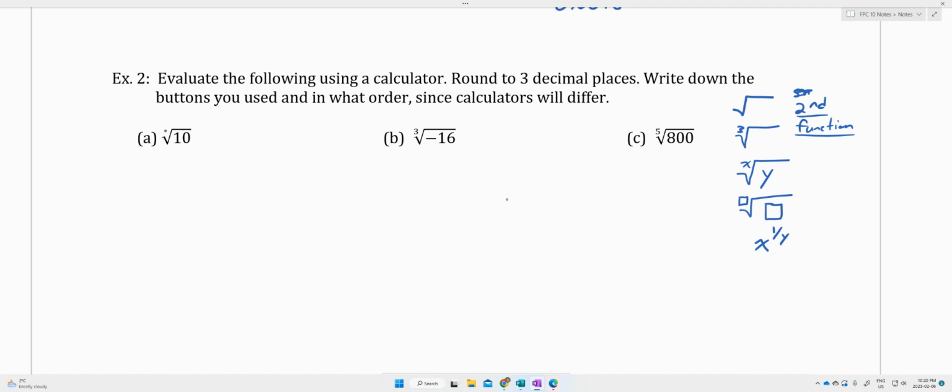Now, this is just a quick lesson in rounding, but we have a square root of 10. Okay, 10 is not a perfect square, so we are going to get a decimal here. I know it's going to be in between 3 and 4 because I know the square root of 9 and the square root of 16 is 3 and 4.